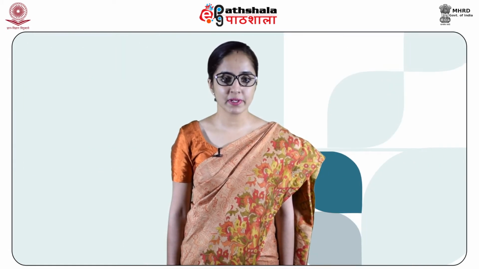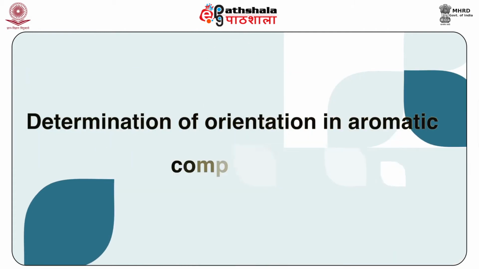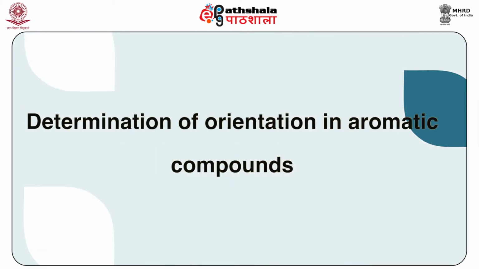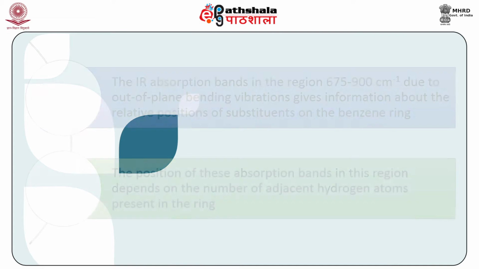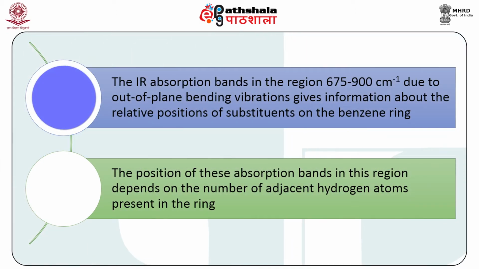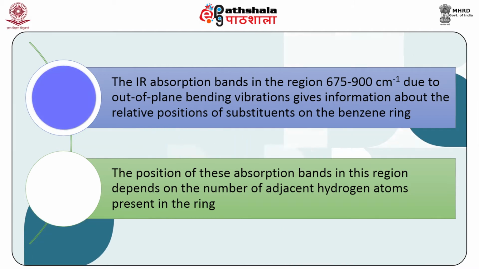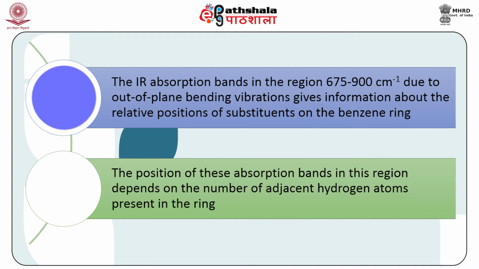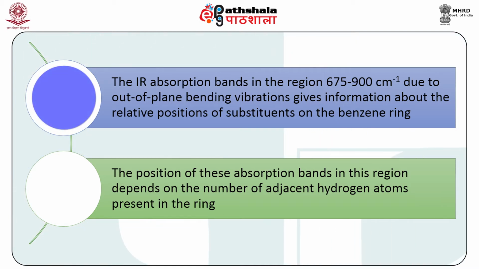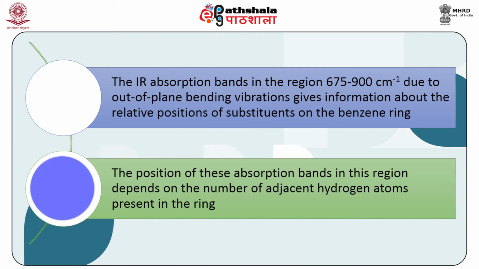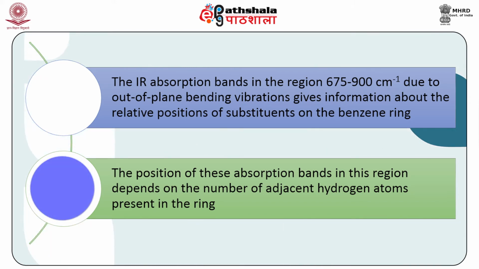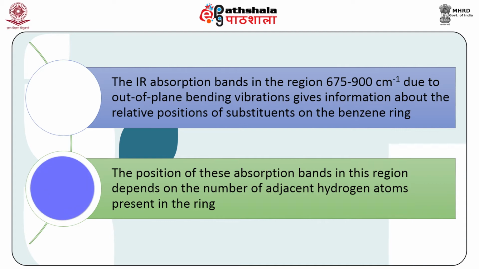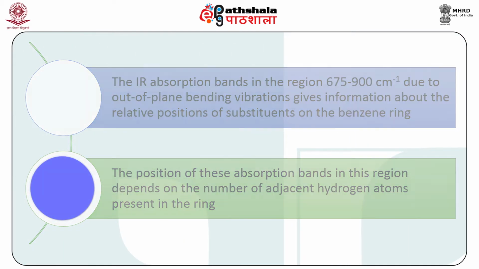Now the next application, students, is the determination of orientation in aromatic compounds. The IR absorption bands in the region 675 to 900 cm inverse due to out of plane bending vibration give information about the relative positions of substituents on the benzene ring. The position of these absorption bands depends upon the number of adjacent hydrogen atoms present in the ring.